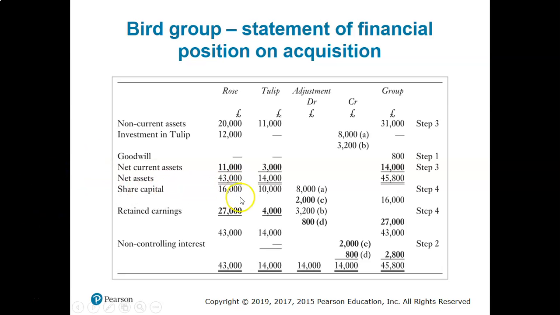The share capital is 16,000, retained earnings 27,000, so 43,000 altogether plus non-controlling interest 2,800. That is 45,800. If the company has non-controlling interest, this is how we need to prepare our group financial picture for the Bird group, if you say.